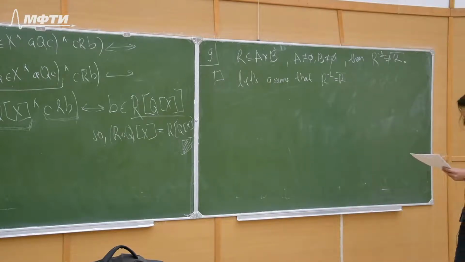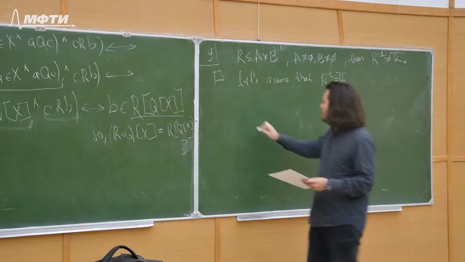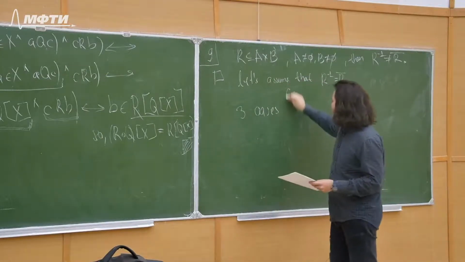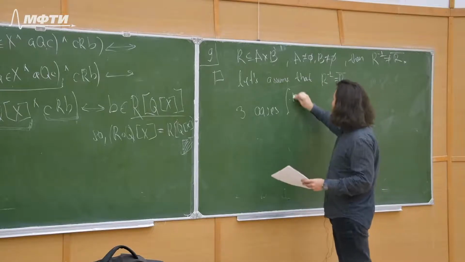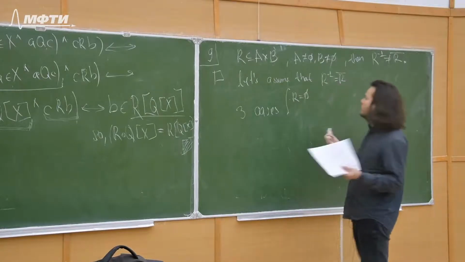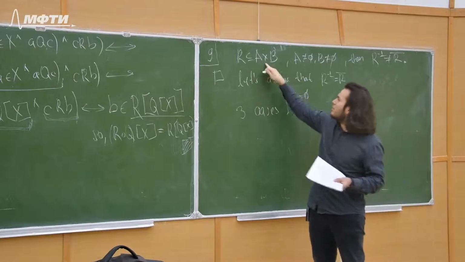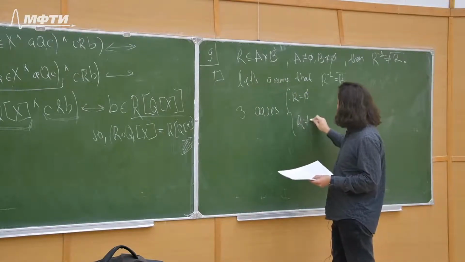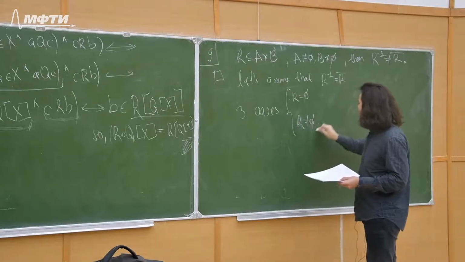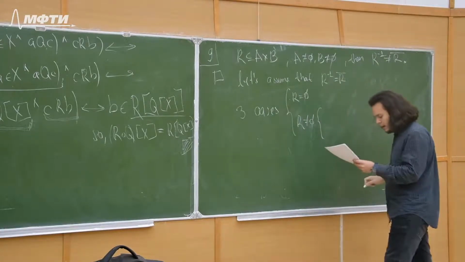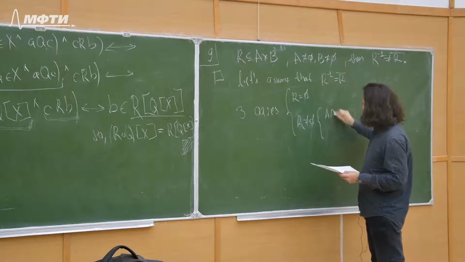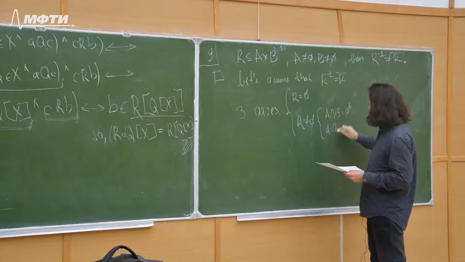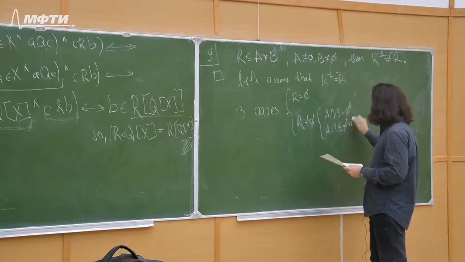And so we have 3 cases, like I told you before. Either R is empty, because R is just a subset of this, it can be empty, of course. Or R is non-empty, but then we have the case where the intersection of A and B is empty, and the case where the intersection of A and B is non-empty.